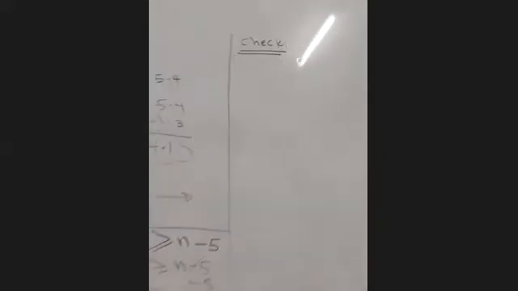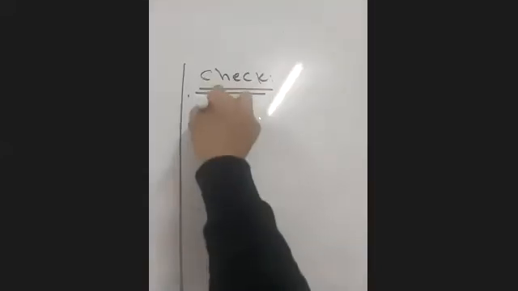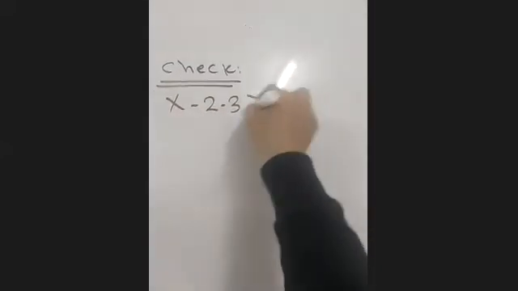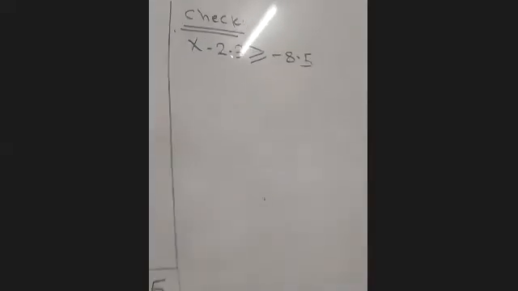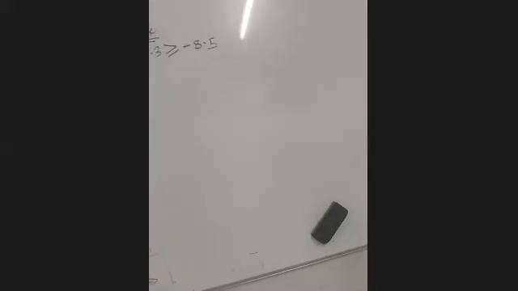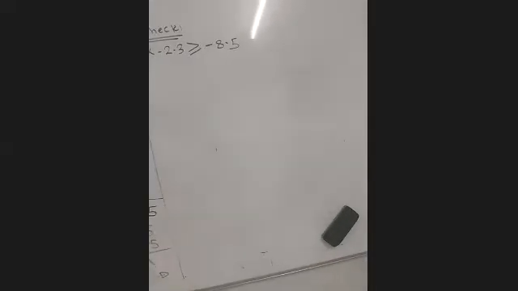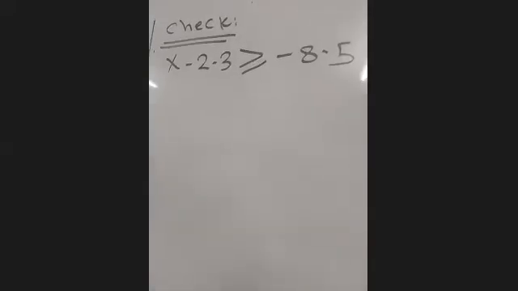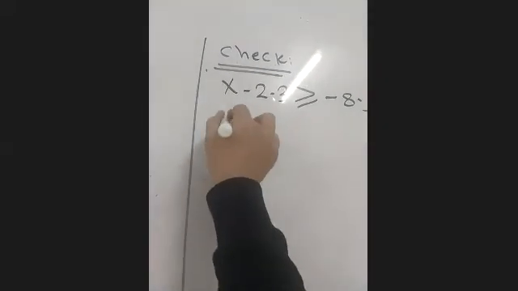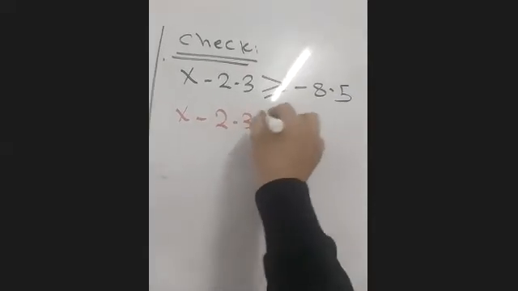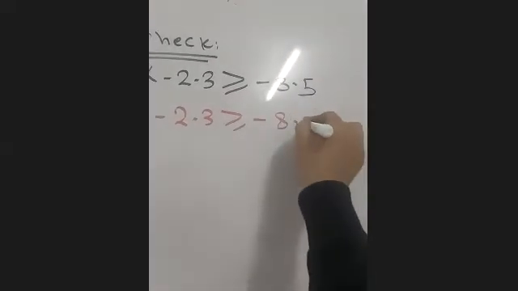Read. Check: solve x minus 2.3 more than or equal negative 8.5. Then graph the solution, part A and B. What's the first step? Rewrite the inequality. x minus 2.3 more than or equal negative 8.5.